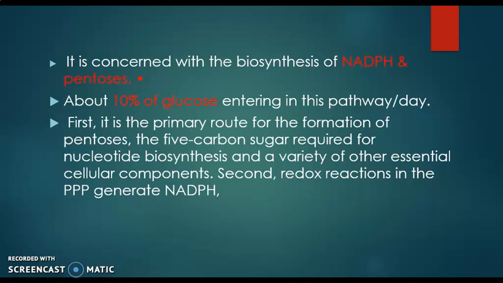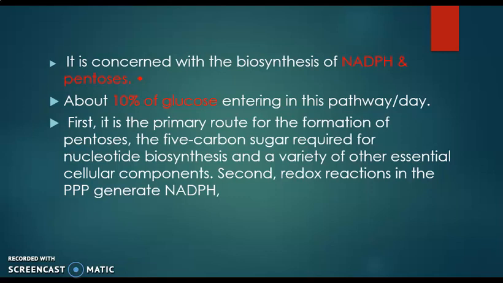First, it is the primary route for the formation of pentose. So, the primary route for the formation of pentose is the HMP shunt pathway. The pentose, which is the 5-carbon sugar, is required for the synthesis of nucleotides, for example DNA, RNA, etc., and a variety of other essential cellular components.